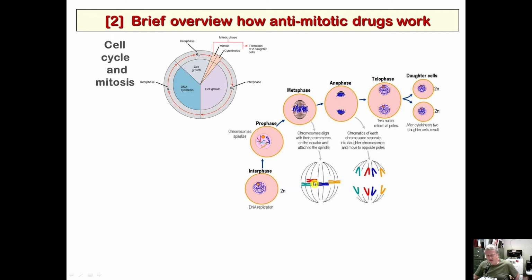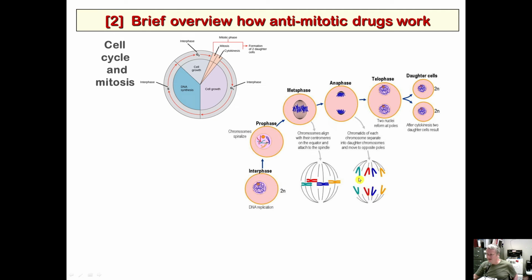We'll show a structure of how this actually looks in a second. But basically, the chromosomes get attached to the microtubules, and then the microtubules pull them apart, and now you have the separated daughter chromosomes, right? Because you're going to separate these into two cells here in a second.